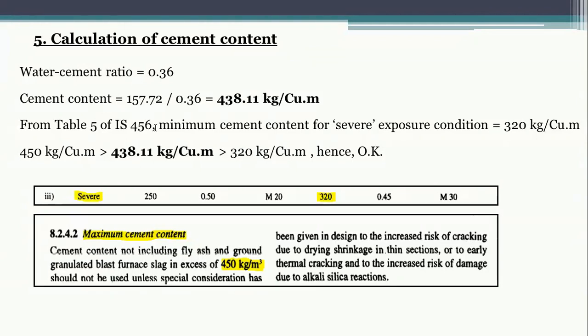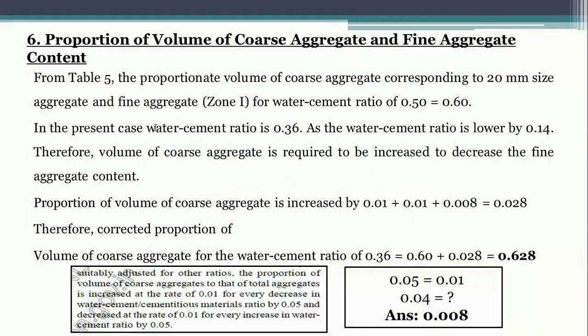So whatever cement content value we get, it should be in this range: less than 450 and more than 320. So 438.11 is satisfying the condition, hence it is okay. I hope you understood this step.